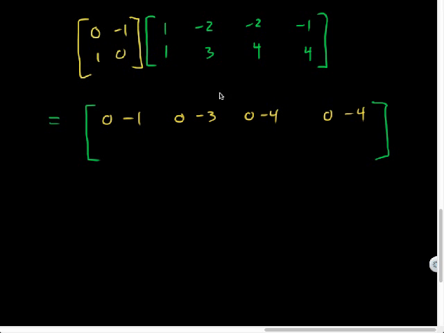Interesting stuff. And then the second row, first column, I'd have 1 plus 0. Then I'd have -2 plus 0, and then -2 plus 0, and -1 plus 0.